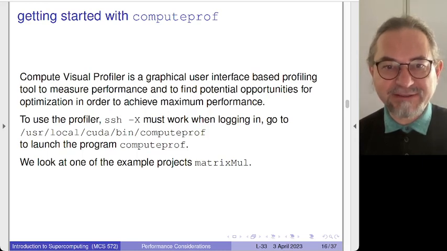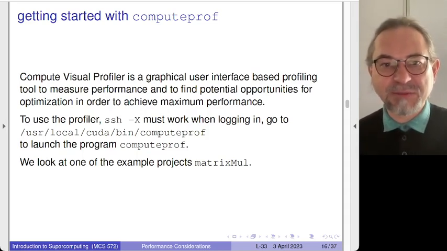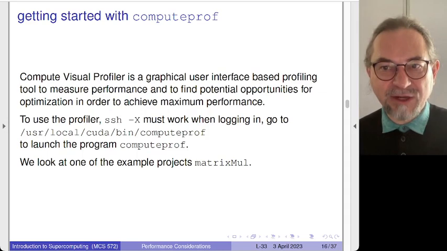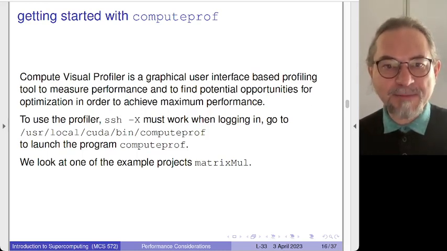There is SSH -X, which will essentially work if you're working on another Unix terminal. And there are tools for X Windows forwarding both on Windows and most likely also on Mac.